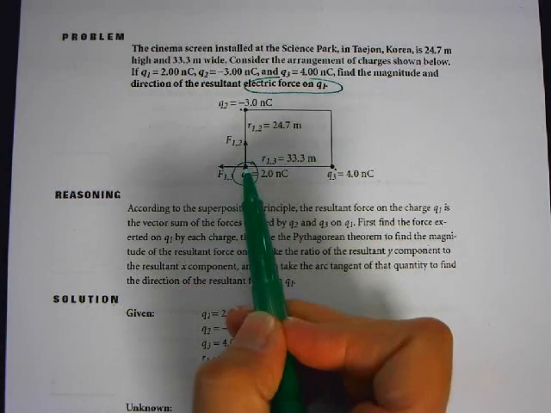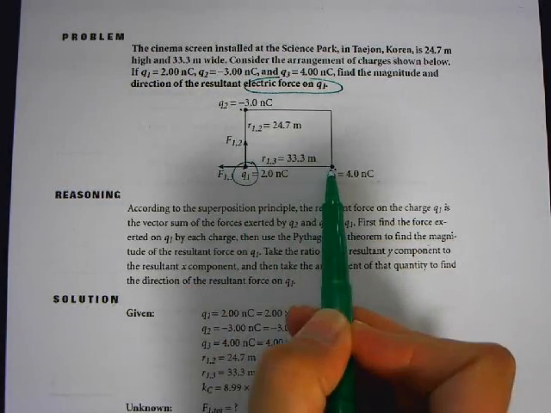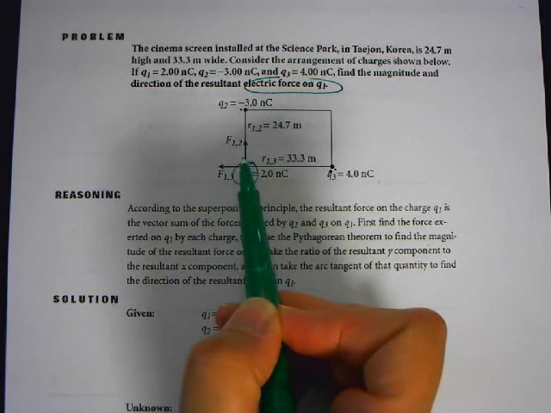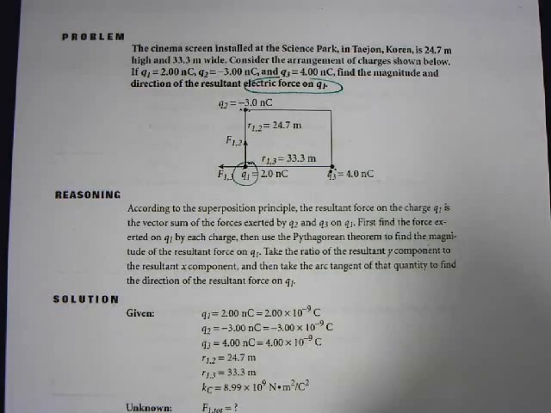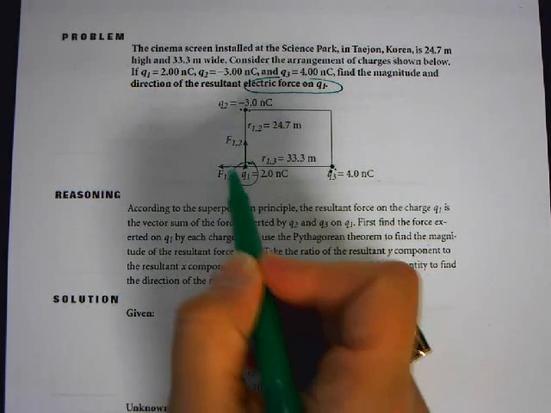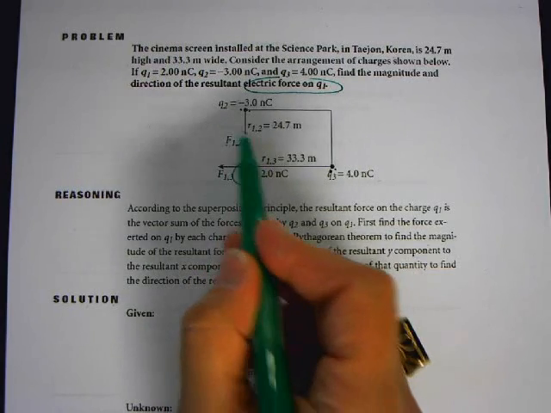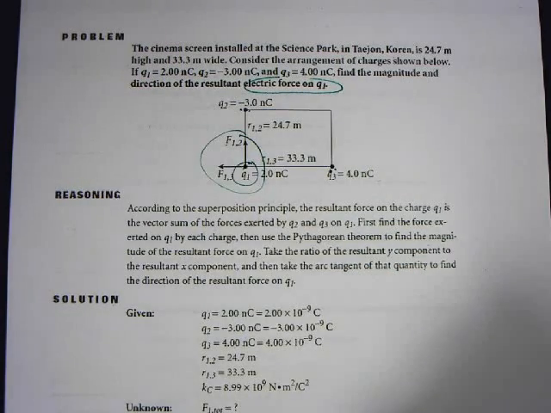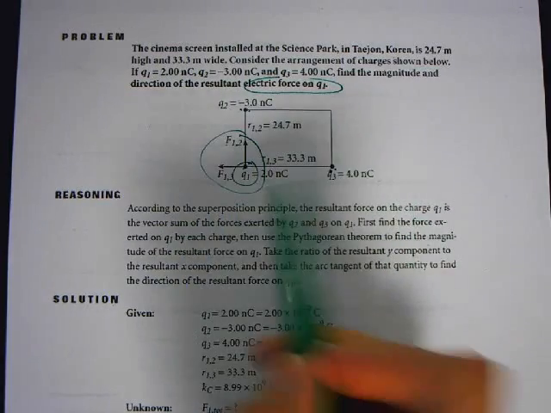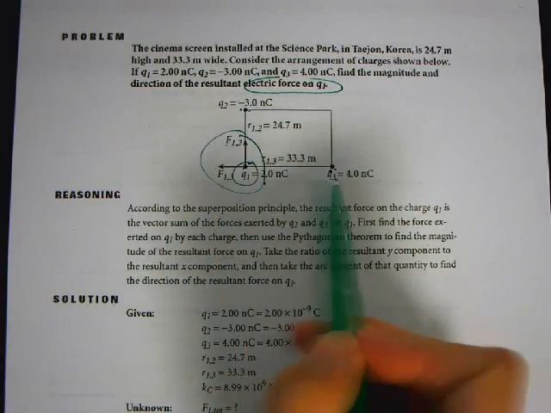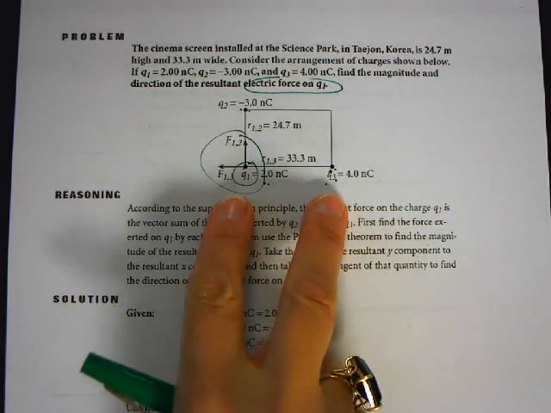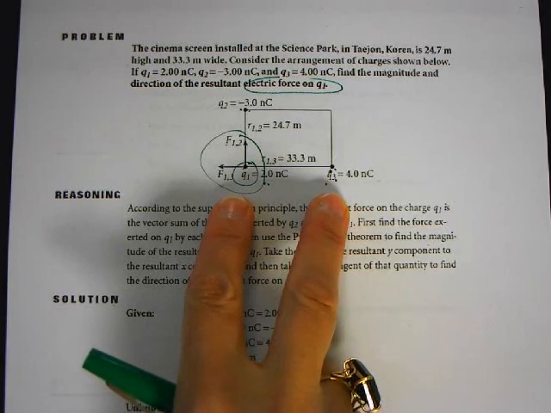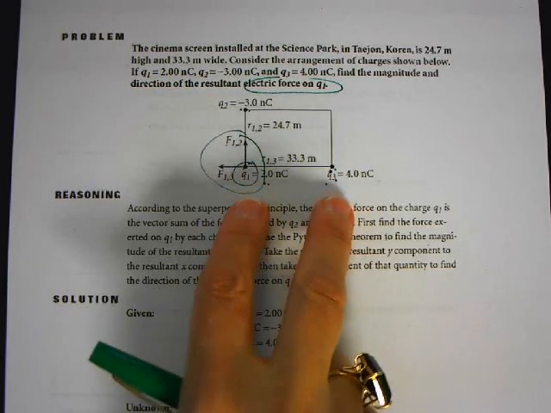There's an electric force between Q1 and Q3, and then there's an electric force between Q1 and Q2. You notice that this was F12 and this is F13. Which direction these go in makes a huge difference. How do I know? Well, this is positive and this is positive. Like charges repel one another.